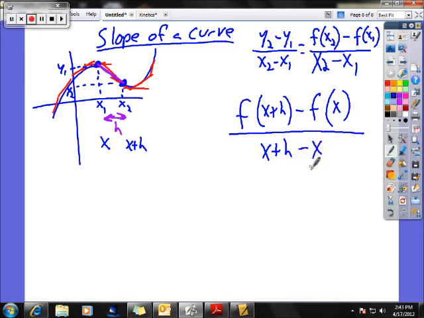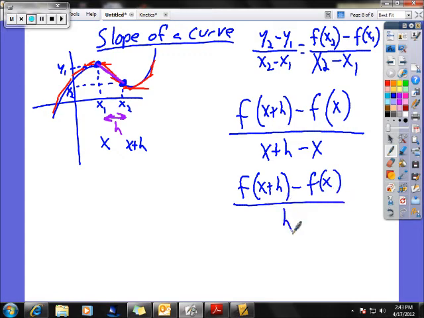So now look what happens on the bottom there. We've got awesome x's. The x's drop out. I'm going to drop those out for the next step. So we have f of x plus h minus f of x all over just h now, because the x minus x drops out. Now, this distance is h.